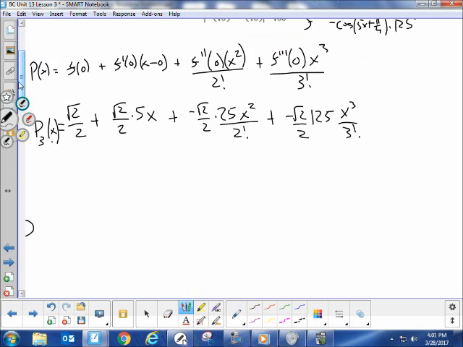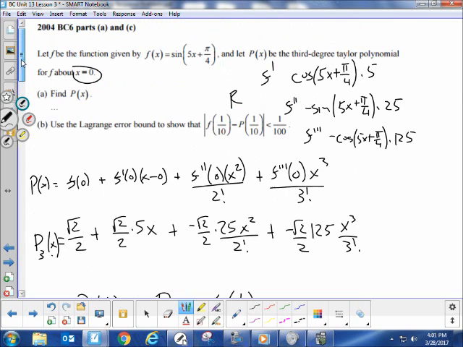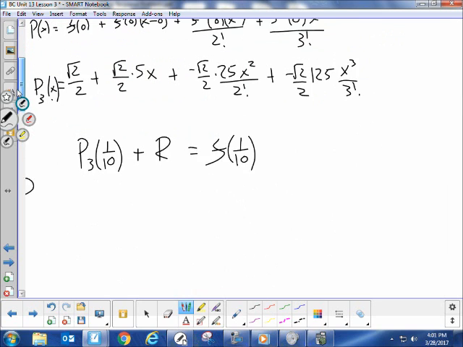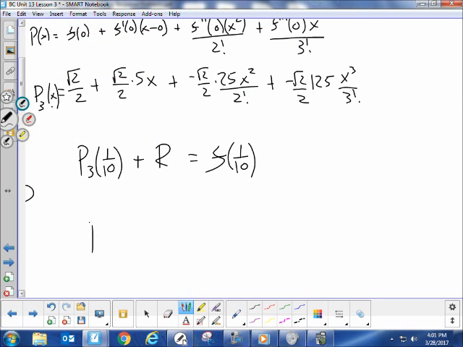Okay. Well, I know that my 3rd degree Taylor polynomial at 1/10, when I plug in 1/10 everywhere, and I add a remainder, I'm going to get f of 1/10, which is sine of 1/2 plus pi over 4. Well, that remainder, by Lagrange's theorem, has to equal some next derivative.